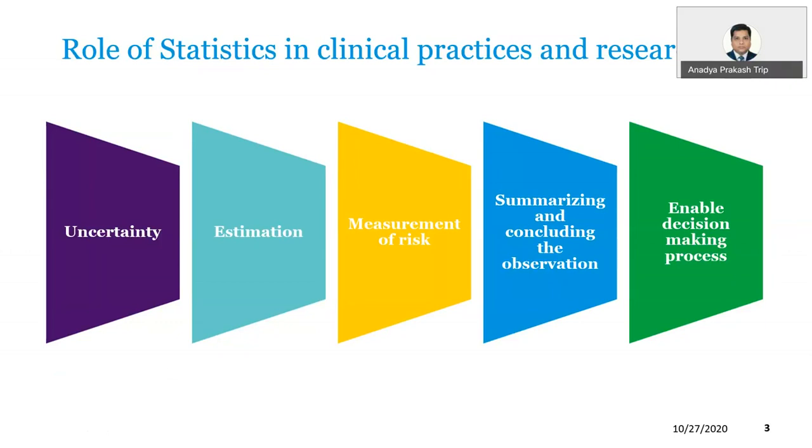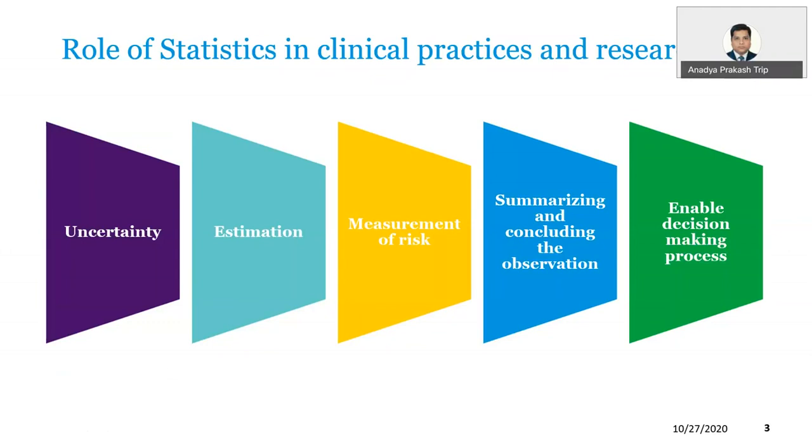When there is any kind of uncertainty, a statistician has some methodology to measure that amount of uncertainty. And once we are able to measure the amount of uncertainty, the reciprocal of that is certainty. So we can also be certain about some finding. How much? We can estimate it.